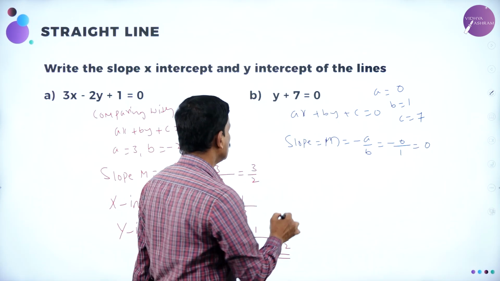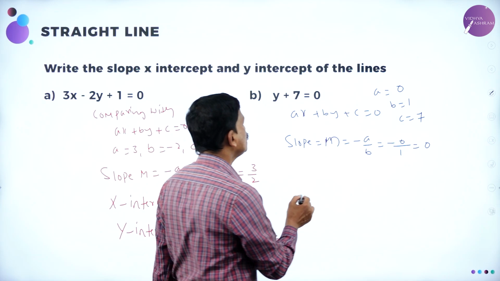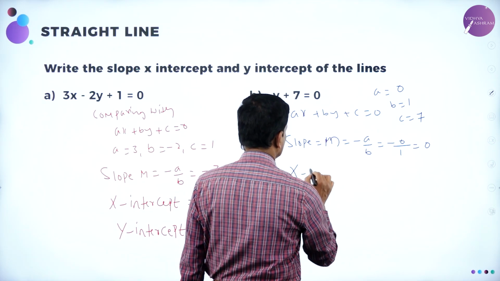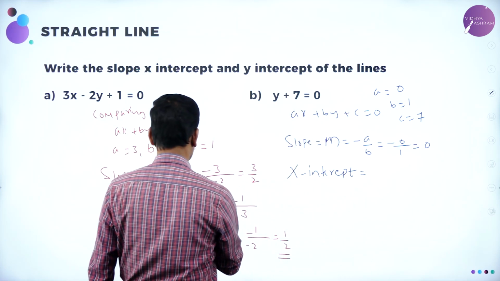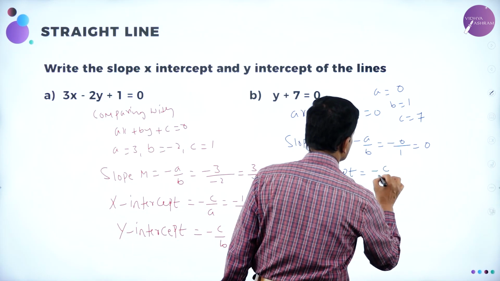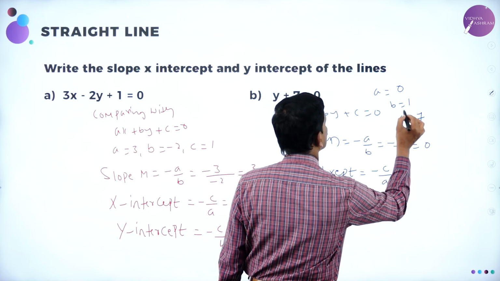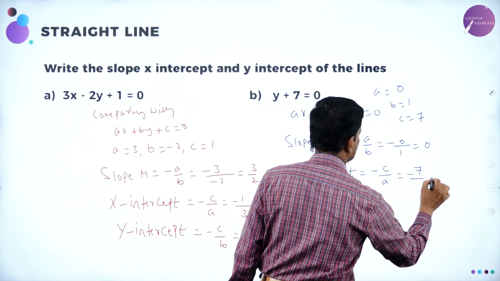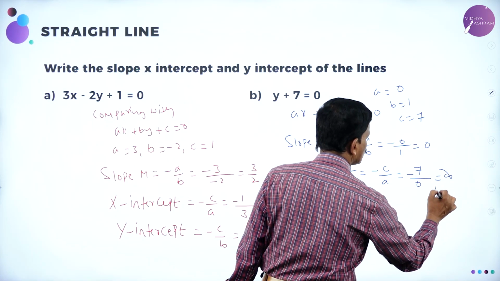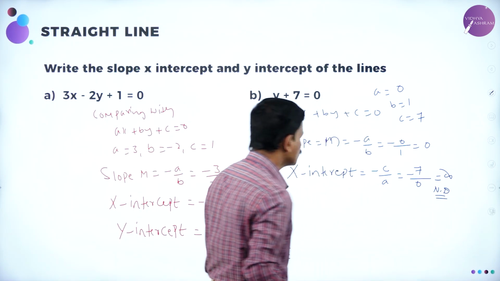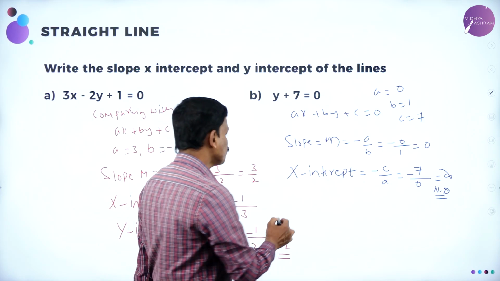The slope is 0. The x-intercept is minus c by a. What is c? c is equal to minus 7 divided by a is 0. 7 by 0 is nothing but infinity, which is not defined. So the x-intercept is not defined.